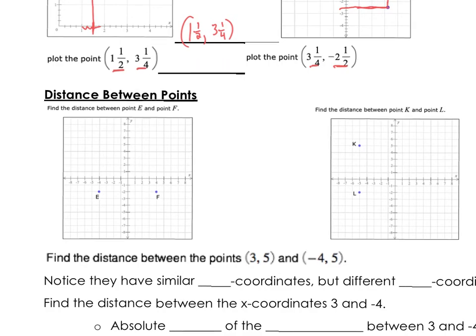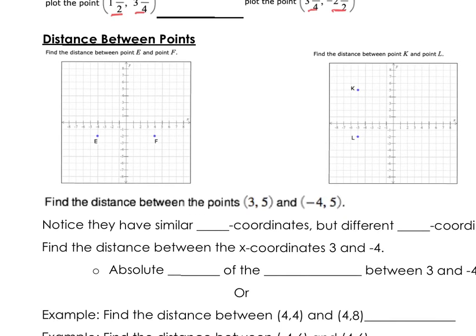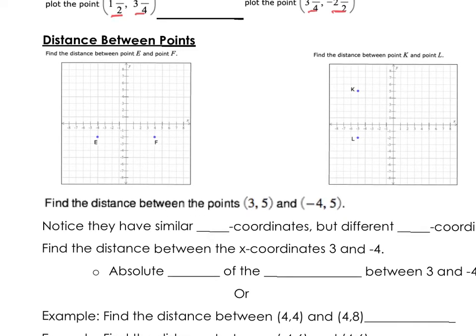Okay, so let's now talk about the distance between points E and F. The easiest way to find the distance between E and F right now, since it's already plotted for you, is just count the spaces between, not the lines. So that's 1, 2, 3, 4 in the negative, then 1, 2, 3, 4 in the positive, for a total of 8. They are 8 away. They both have the same y with different x's.